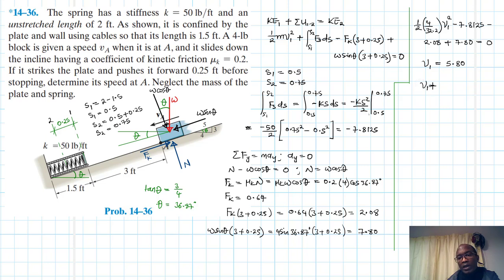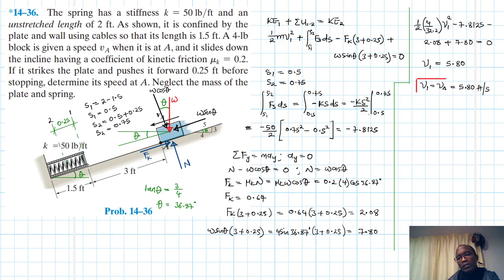Our V1 is just equal to VA, which is equal to 5.80 feet per second. So that is the speed at A.